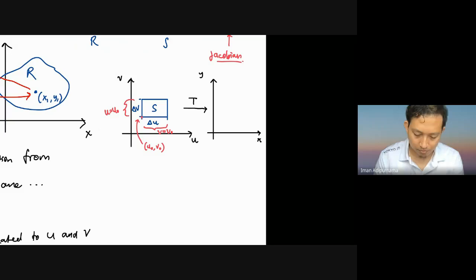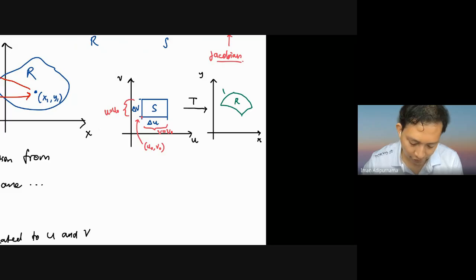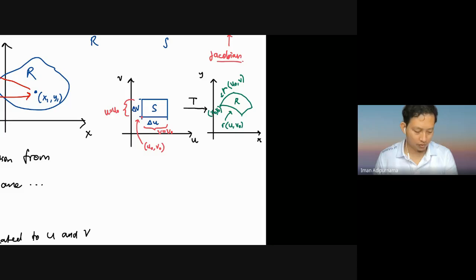And then maybe draw like this. Now we have, let's say, the region R, and this is the vector function R at u0, v0, and this will be the initial point x0, y0.